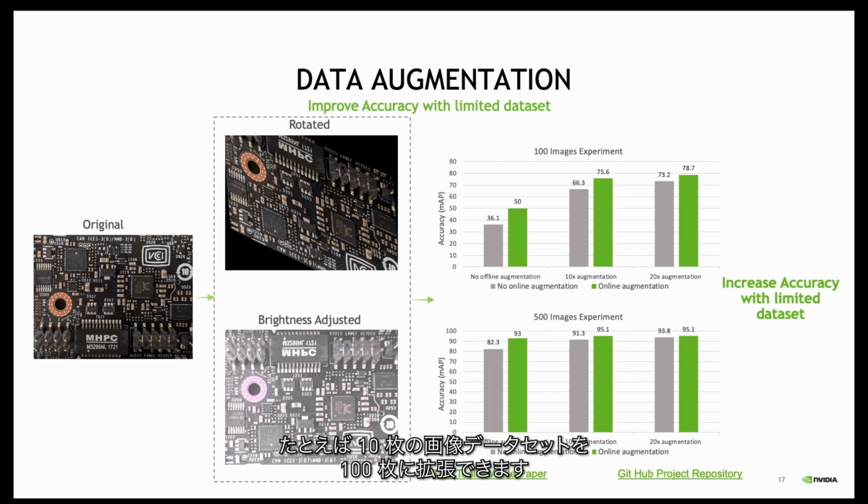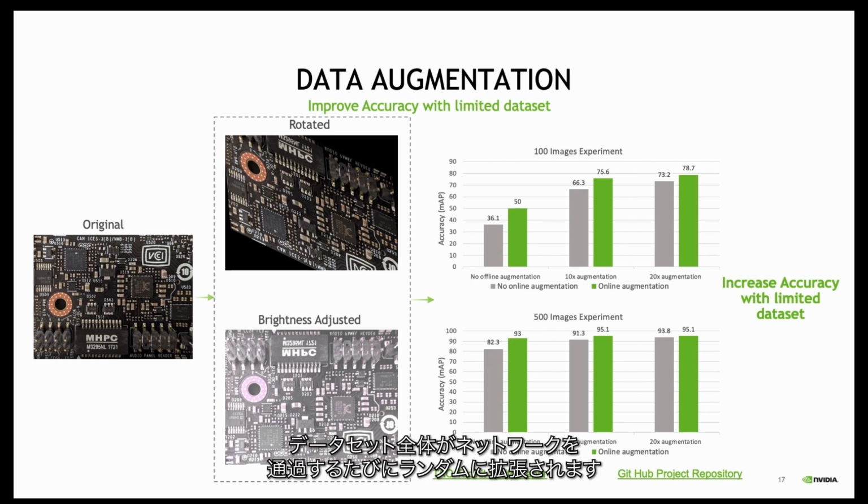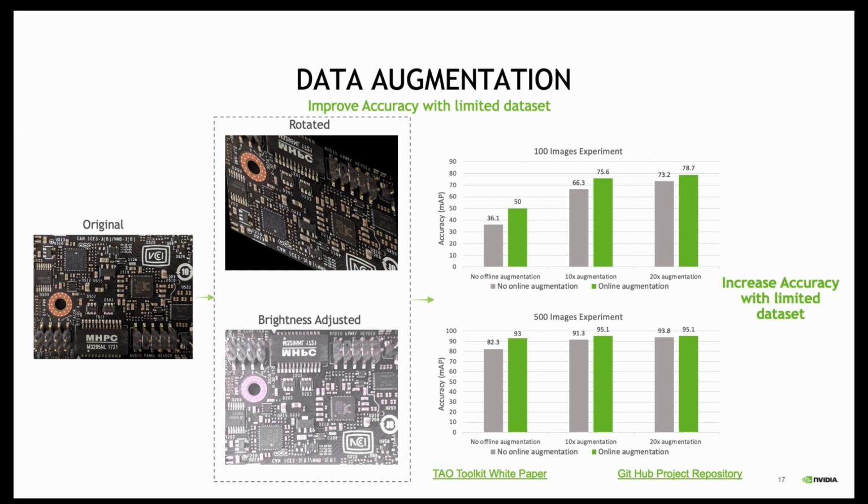For example, a 10 image data set can be augmented to a 100 image data set. Online augmentation is used during the training, when the entire data set is randomly augmented during each pass through the network. This ensures that from epoch to epoch, there's some data change that will help the model generalize.